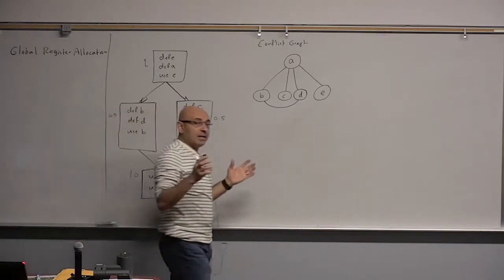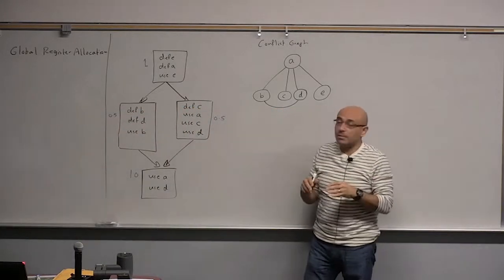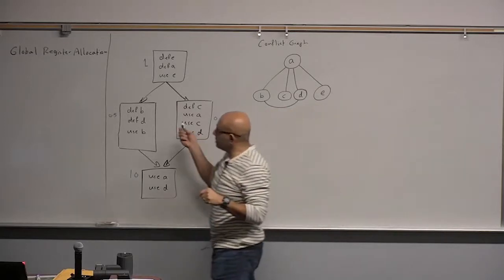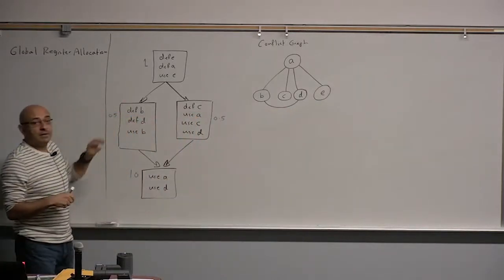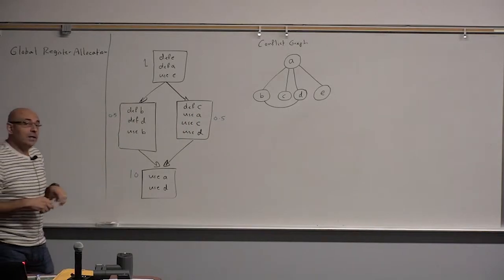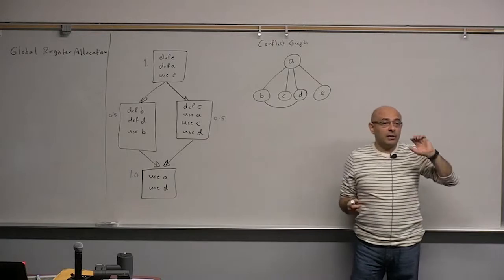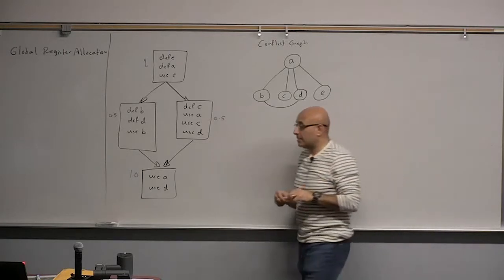So in global register allocation, we are looking at multiple basic blocks at the same time. In this example, we are looking at 4 basic blocks, while in local register allocation, we look only at 1 basic block at a time.